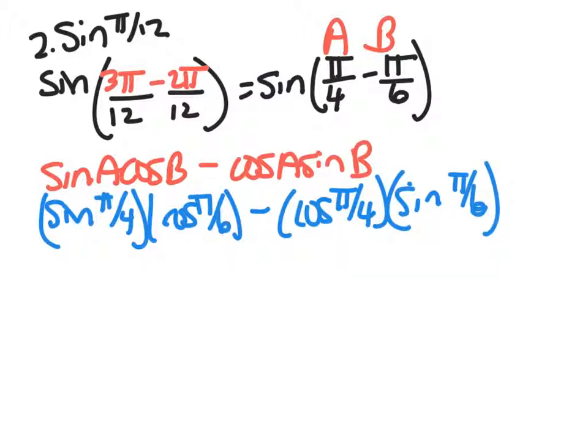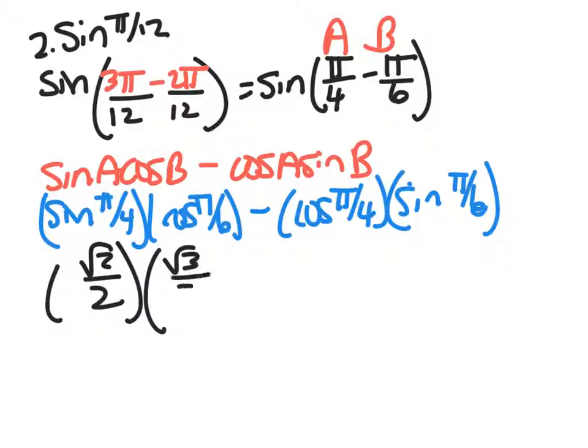So sine at pi over 4 is square root of 2 over 2. Cosine of pi over 6 at 30 degrees is square root of 3 over 2. You'll notice they're going to be all the combinations of your square root of 2 over 2, square root of 3 over 2s, and your 1/2. So you're going to have a lot of 4s, 2s, and 6s. Cosine of pi over 4 is square root of 2 over 2.